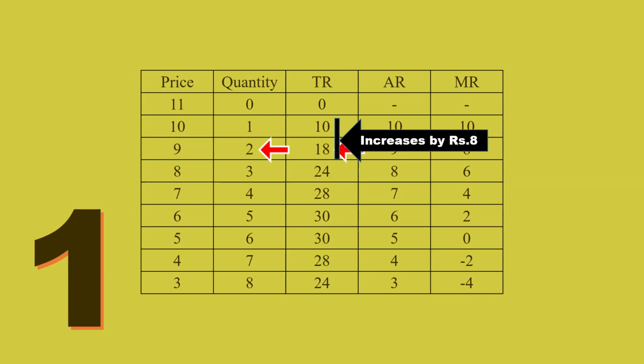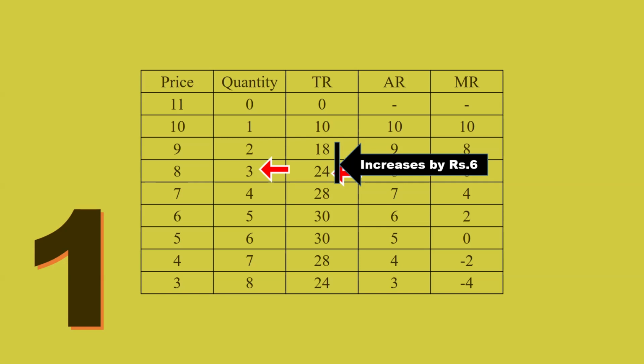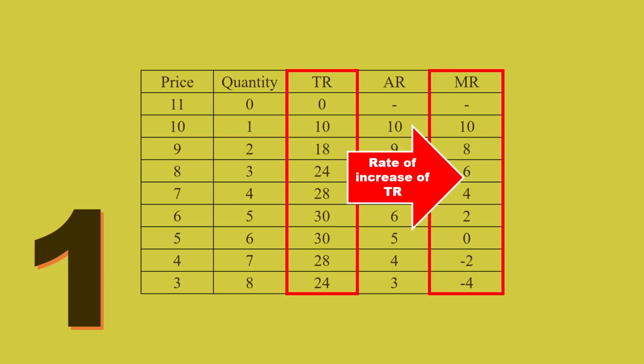Again, when the seller increases his sales to 3 units, the total revenue increases from 18 rupees to 24 rupees. Total revenue increases by 6 rupees. Thus, as more units are sold, total revenue increases but at a decreasing rate. Whenever you want to check the rate of increase of total revenue, look at the marginal revenue column. Marginal revenue shows the rate of increase of total revenue.